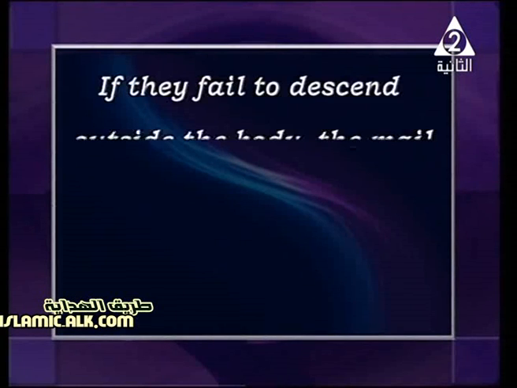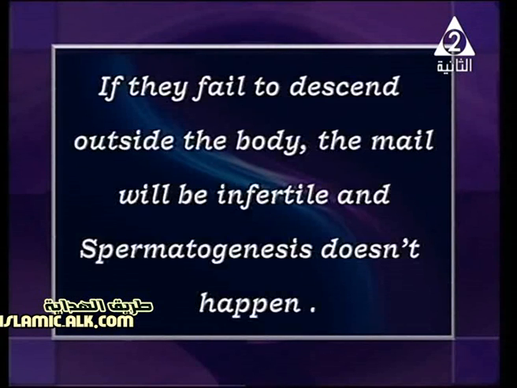After that, if they fail to descend, to fall outside the body, the male will be what? Infertile. Infertile means what? He doesn't have the ability to reproduce. This is the meaning of infertile, and spermatogenesis, the formation and production of sperms, doesn't happen.